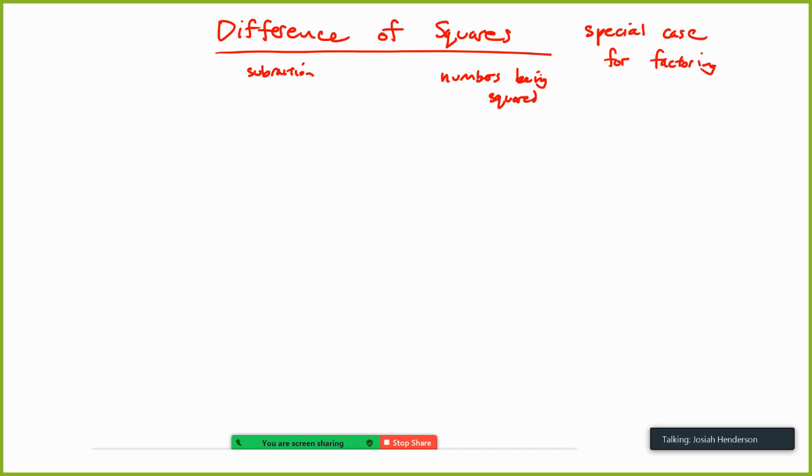So let's see what that might look like. This will be example 4 for us today. So x to the second power minus 16. Now this is an example of a difference of squares. Difference because subtraction.